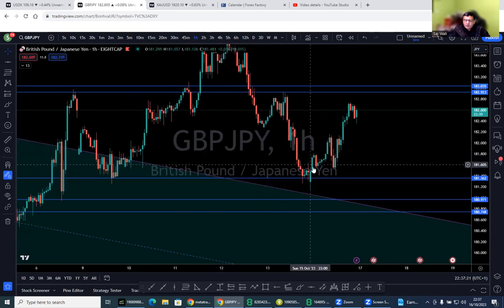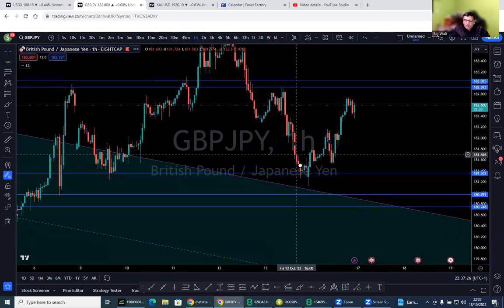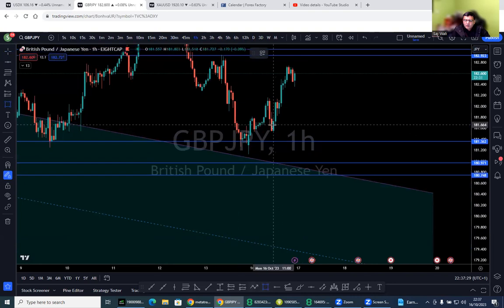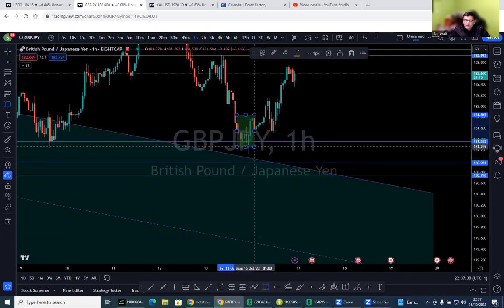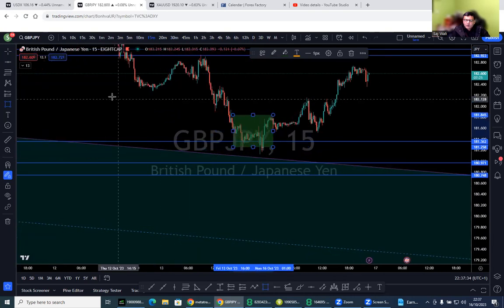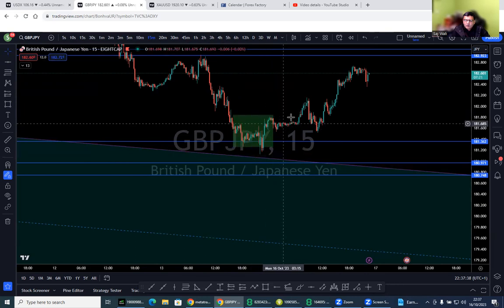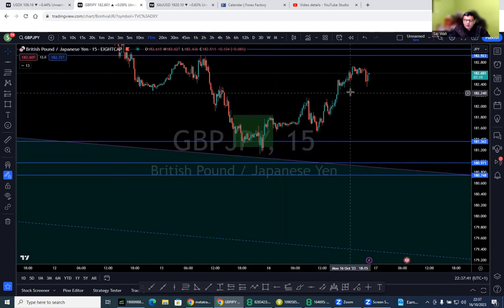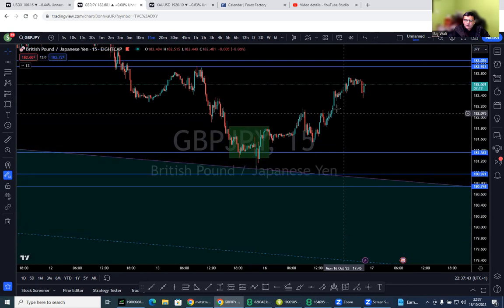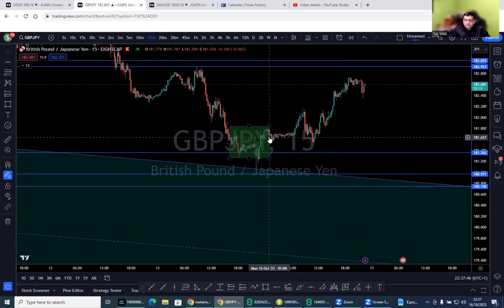Also, if you want to take a trade here, go to a smaller time frame and see the retest here.